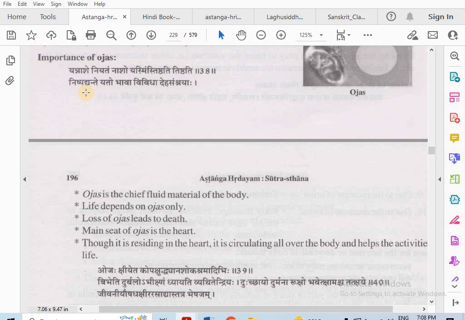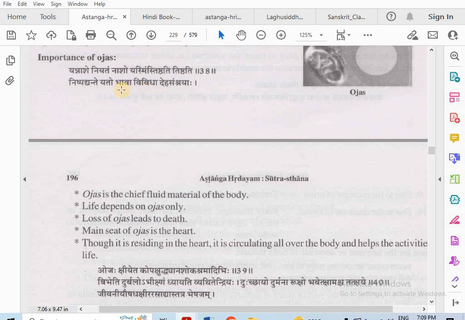Nispadyante. Now nispadyante means you can say occurred, or creation. Yato bhava. Yataha means from it, from ojas. Bhava means chesta, different types of expression, activities, work by all 10 Gnanendriya and Karmendriya. Vividha means various.